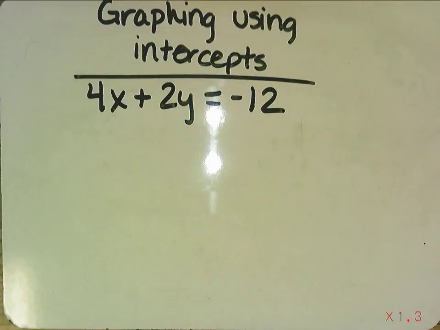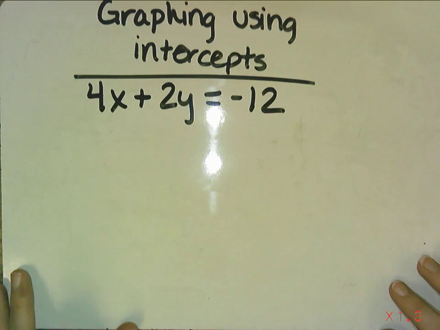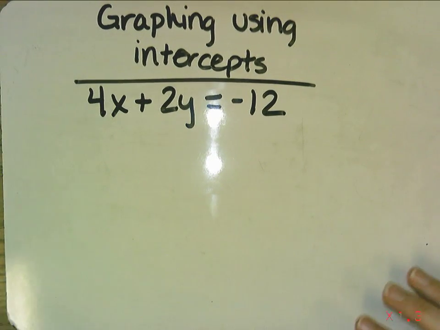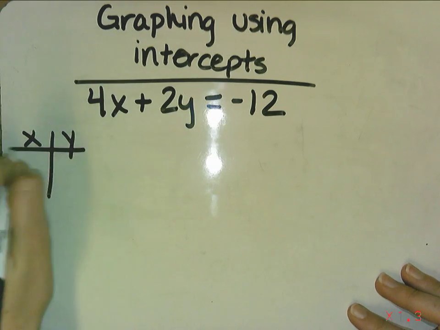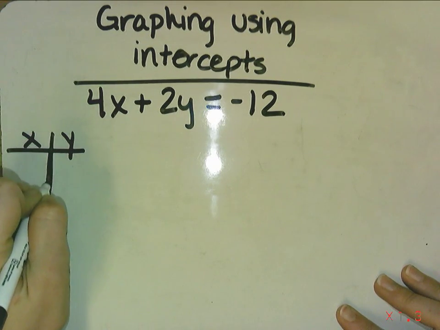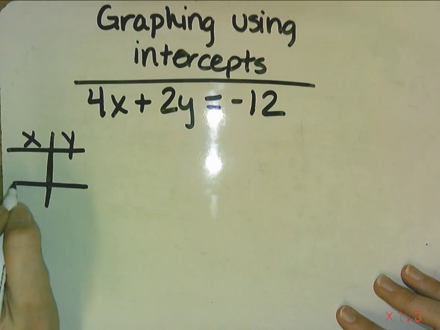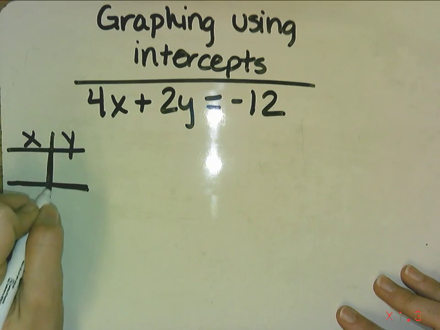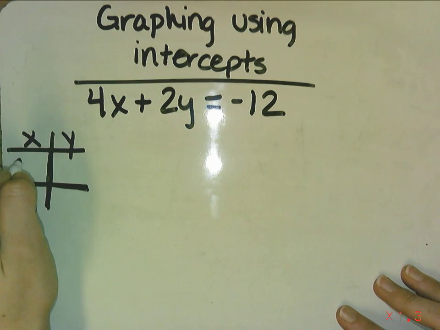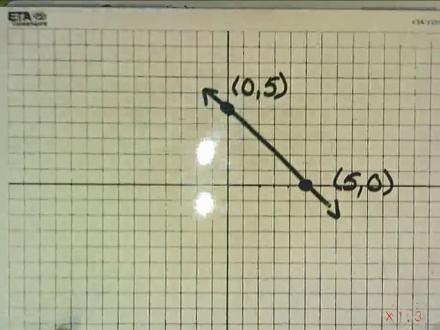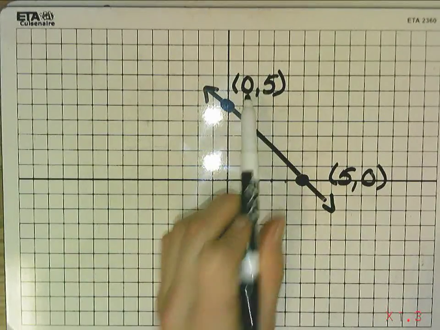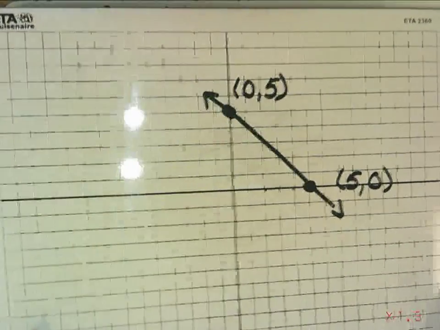So when you're trying to graph using intercepts, you're going to make what I call a teeny tiny table. Instead of making a big table with all of those different x values that we use all the time, you're going to make a small table. In one of your x values, you're going to have 0, because we need to find a y-intercept, and at every y-intercept, x is 0.